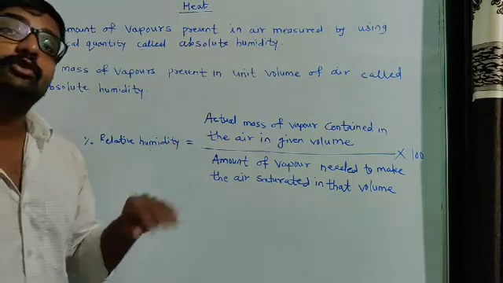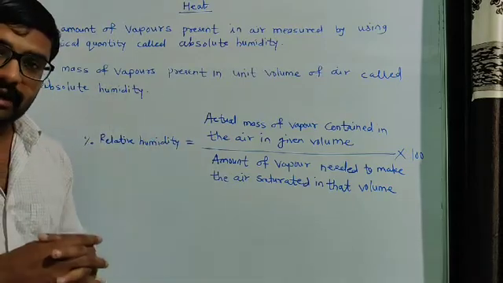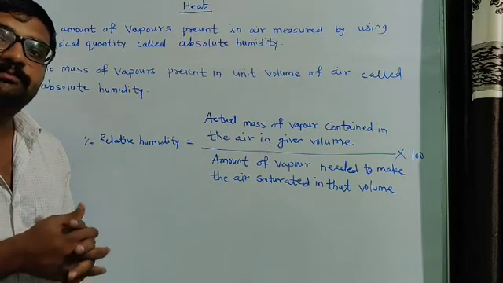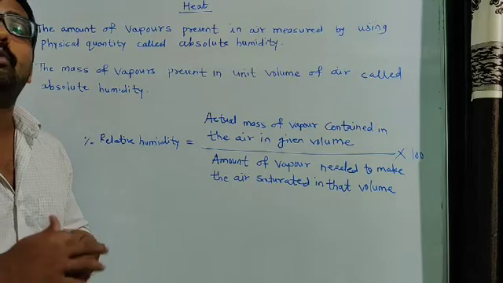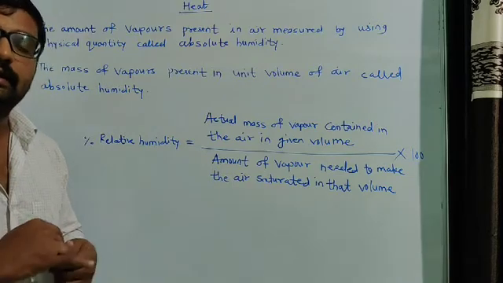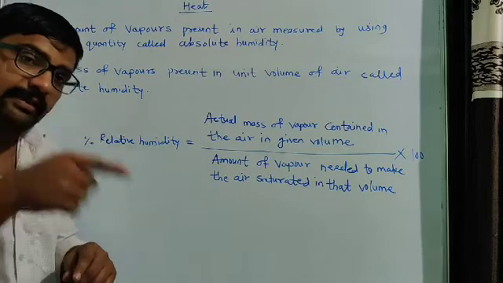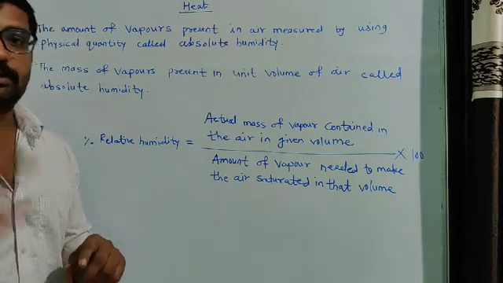And in the dew point we studied what happens if you take unsaturated air. Unsaturated air means that air in which air is not full of water vapor. We studied that a certain amount of water vapor can be added to air at a particular temperature.